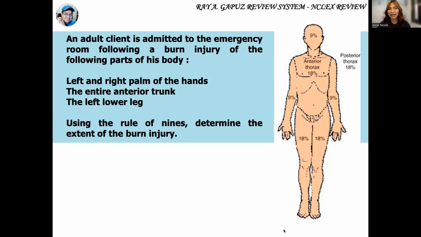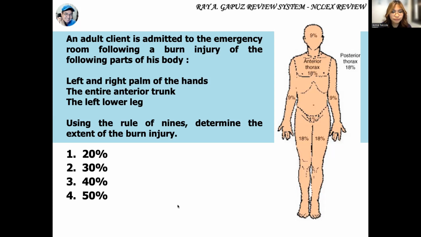How about your left lower leg? Oh, since each leg is 18, you only want the half of it, you get 9. So 3 plus 18 plus 9 would give you what? Would give you 30%.